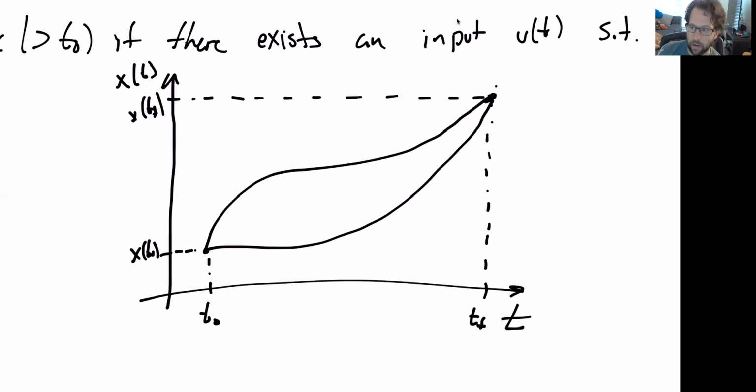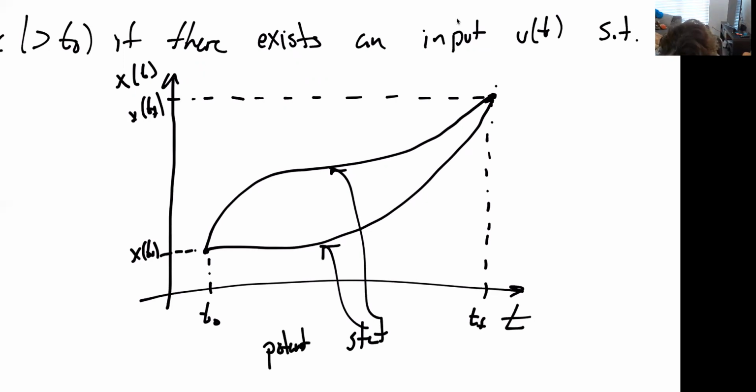It's not necessarily unique. It depends on the system and your methods. So this one and this one are state trajectories, or potential state trajectories.